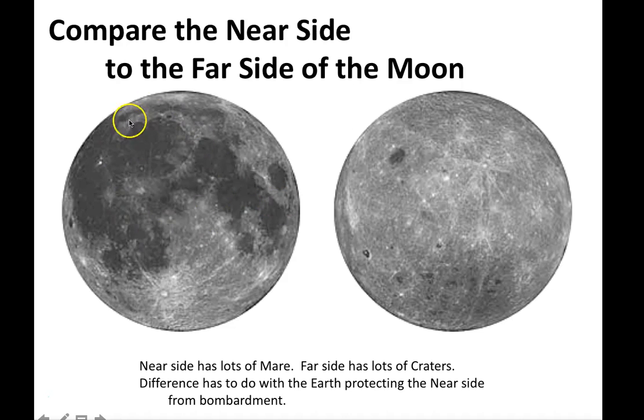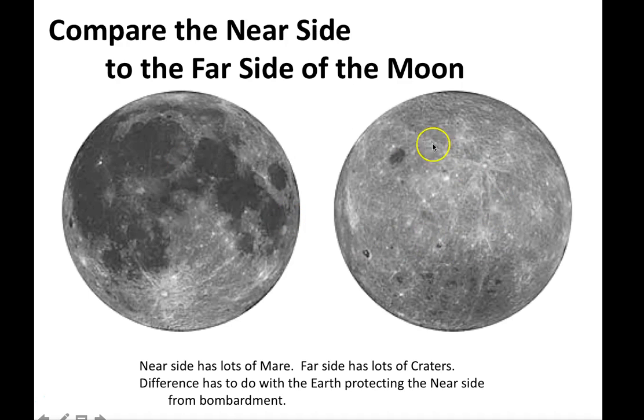So here's the near side, and we have lots of Maria from the big asteroids that hit the moon. The Earth was not able to stop them, and the big asteroids or comets hit the moon, dove down deep, and the lava came up through the fissures and covered the regions.